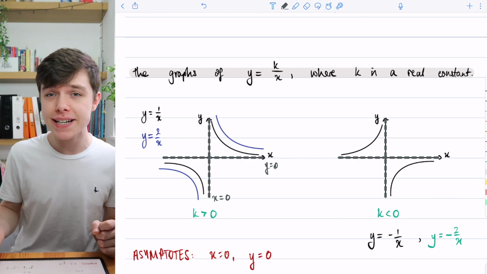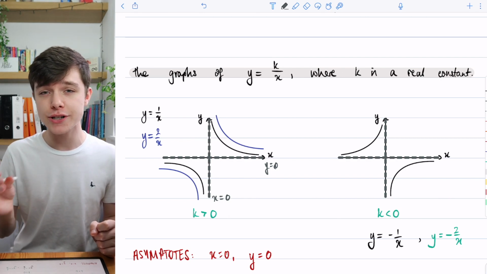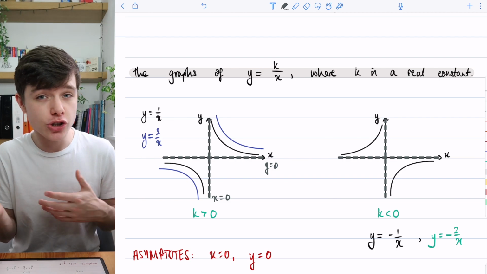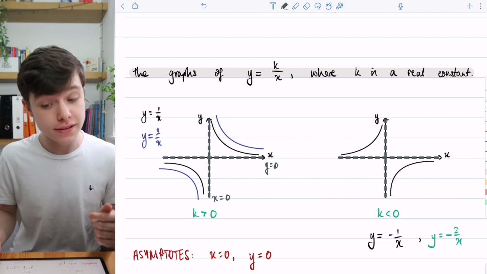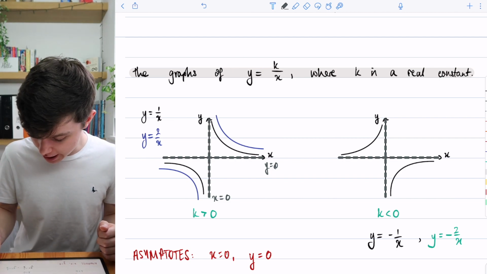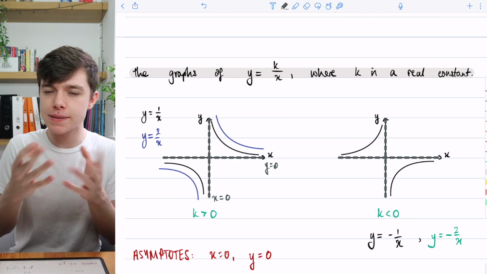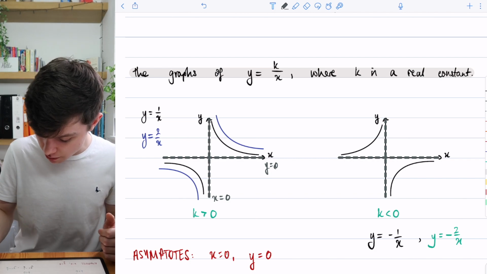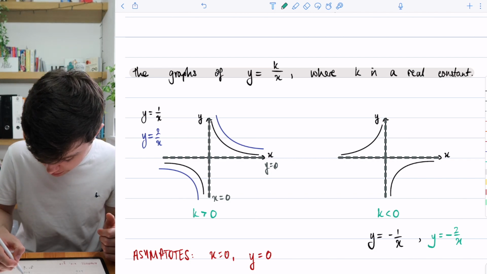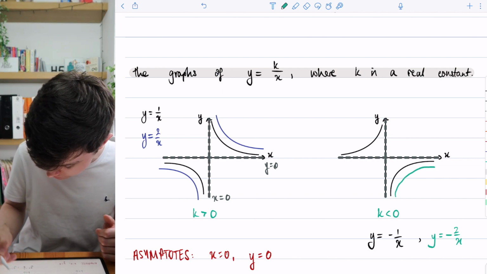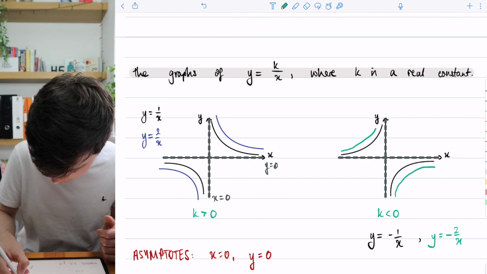And again, if we had y is equal to minus 2 over x, it would look slightly different, okay? It would be stretched a little bit because we've got a bigger number, even though it's smaller, we've just got a negative. So it would look something like this if we did it in green, and I won't duplicate this time, I'll just do it quicker like that.